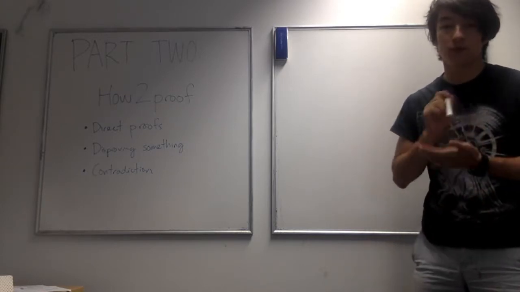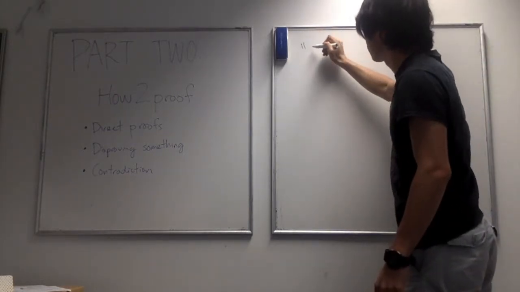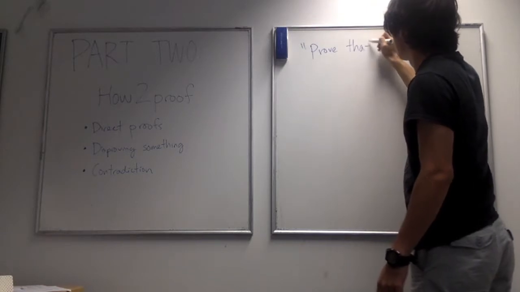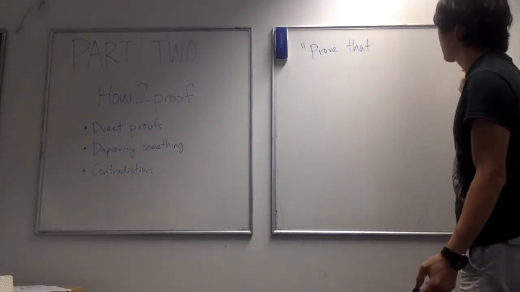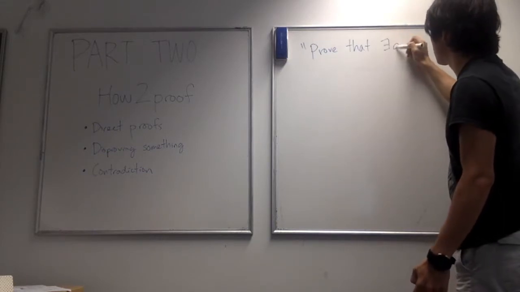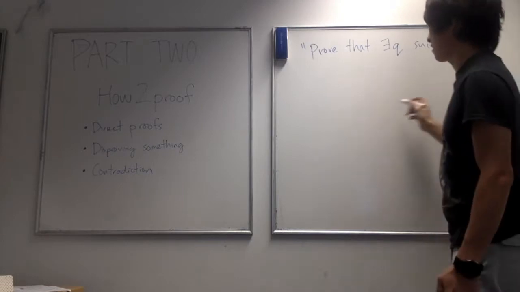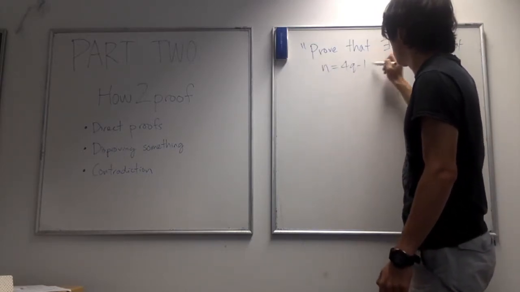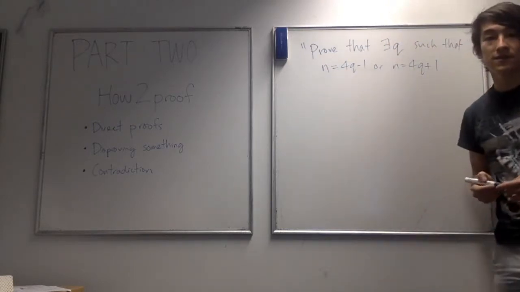So a concrete example, from the assignment, there's a question like this. I can't remember the exact question, but basically you have to prove that there exists q such that, I don't know, n equals 4q minus 1 or n equals 4q plus 1. Something like this, right?